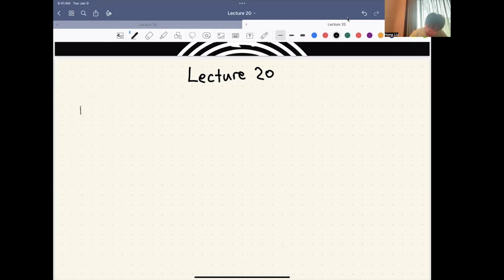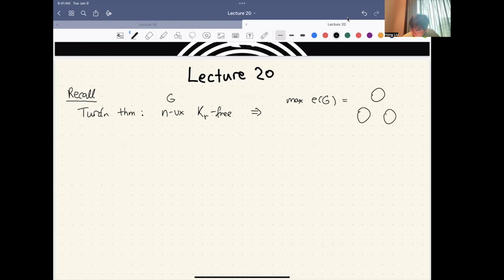First, in a Turán type problem, Turán's theorem, if you recall, we have an n-vertex graph G, let's say K_r-free. Then the maximum number of edges is attained when G is the (r-1)-partite type graph.